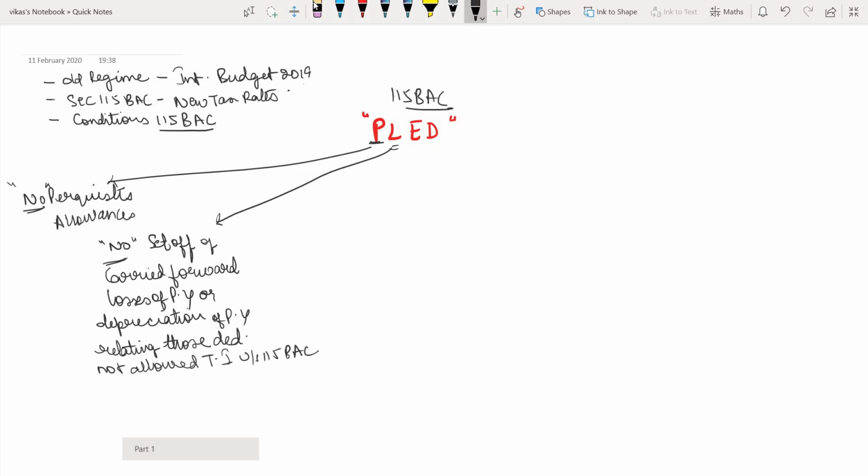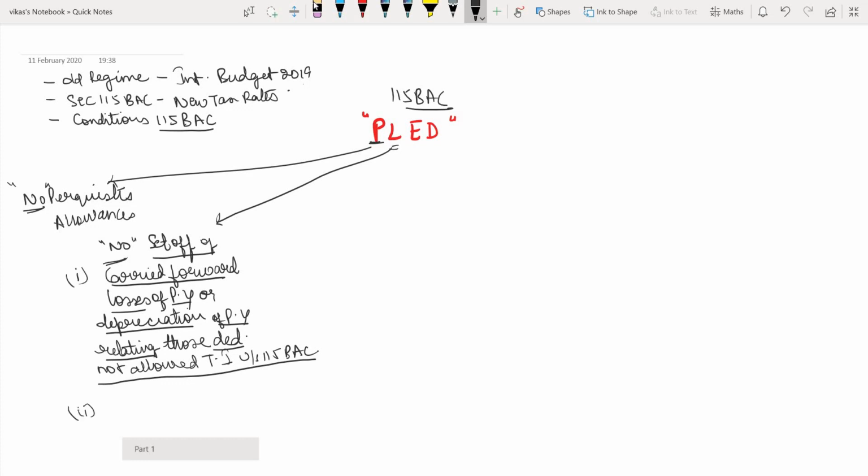So no set off of carried forward losses or depreciation of the previous year relating to the deductions not allowed in the total income under section 115 BAC. This is the first point.